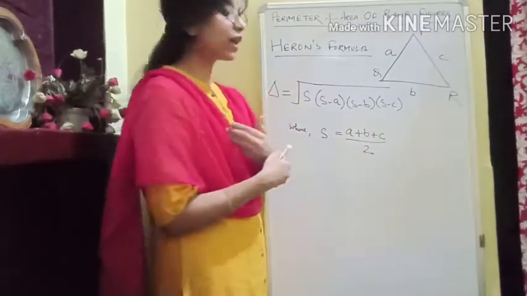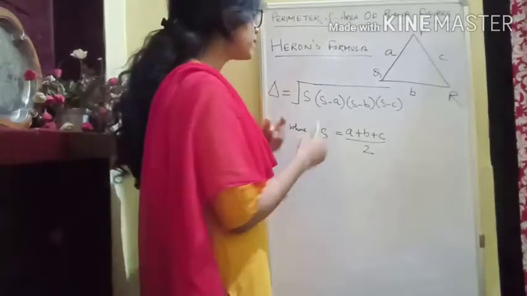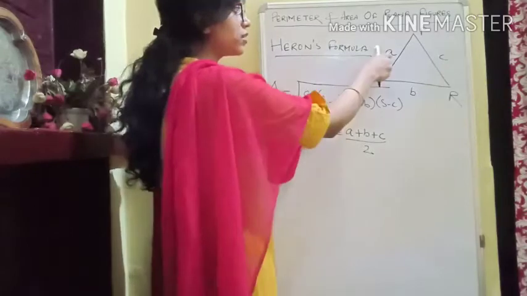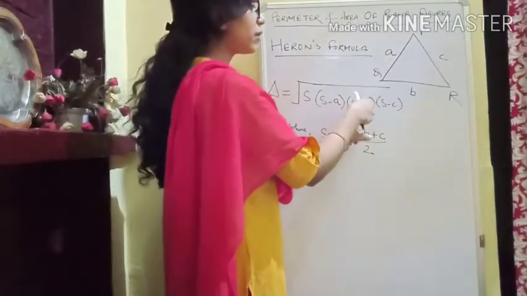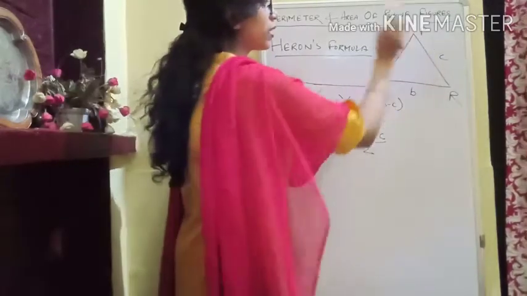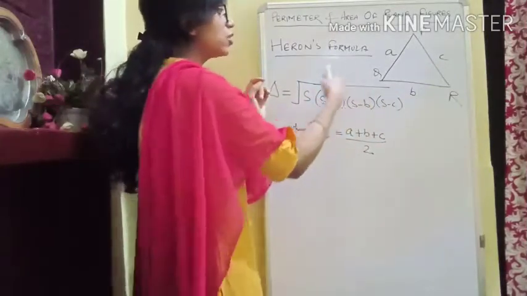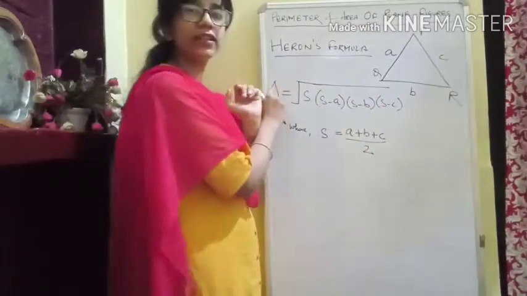That means we are actually calculating the semi-perimeter. So s, and then into s minus a, that means semi-perimeter minus one side, semi-perimeter minus the other side, and semi-perimeter minus the third side. When you multiply all of them and then take out the square root, you will get the area.